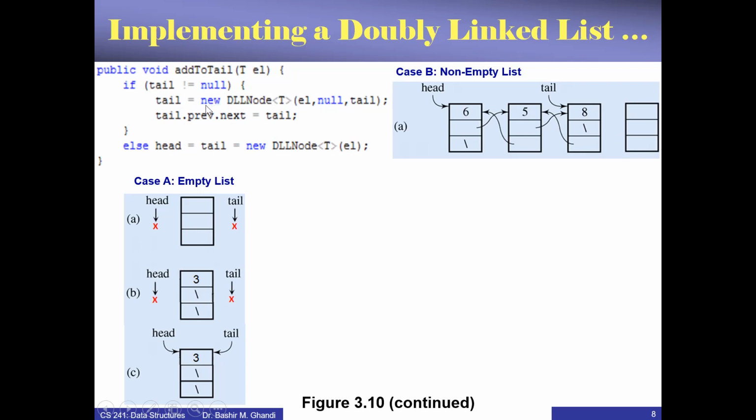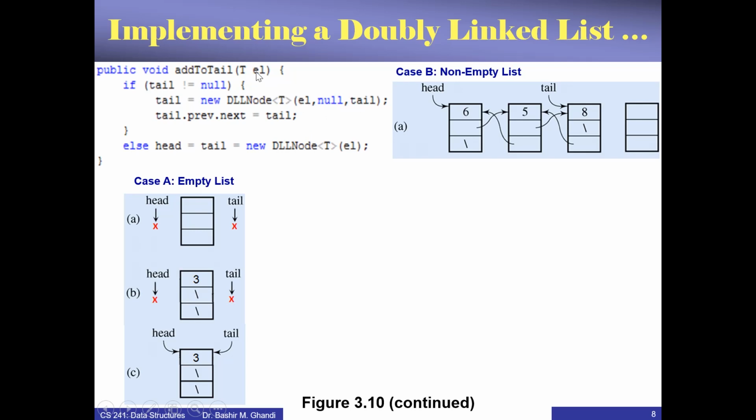And therefore, you can see here we say new DLL node. Then we call the appropriate constructor to initialize it. So here we are passing element, null, and tail. Let us see why.